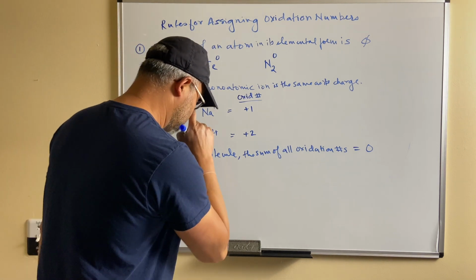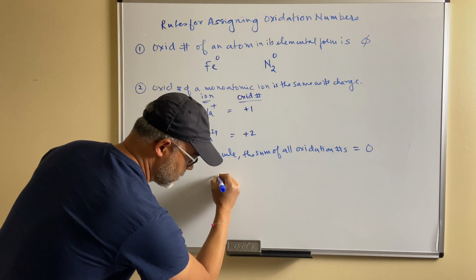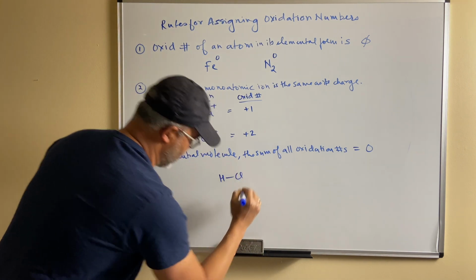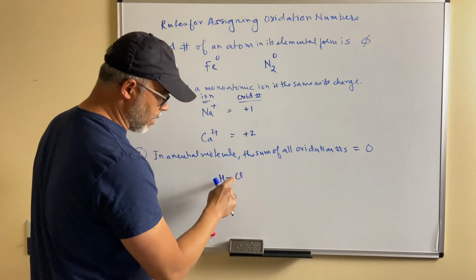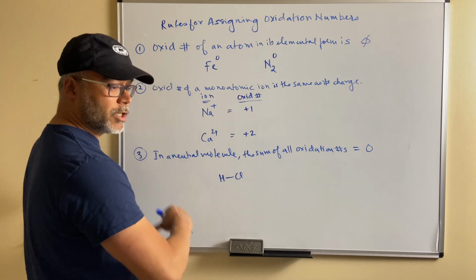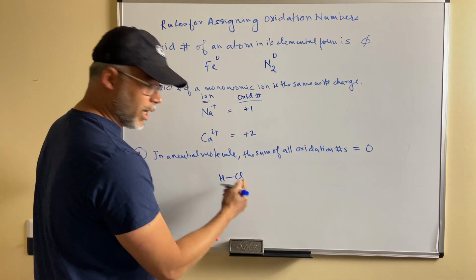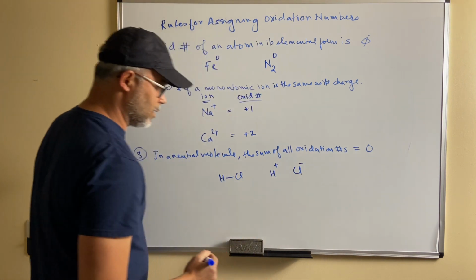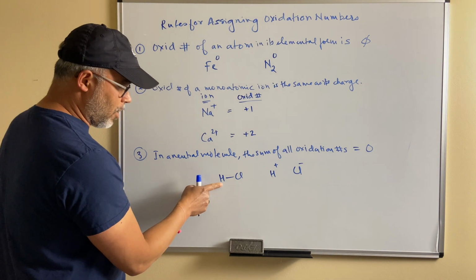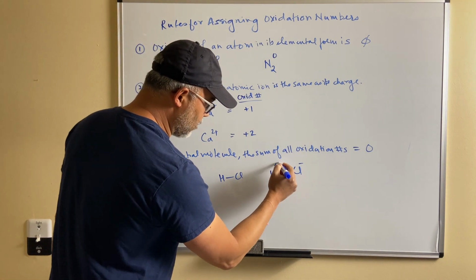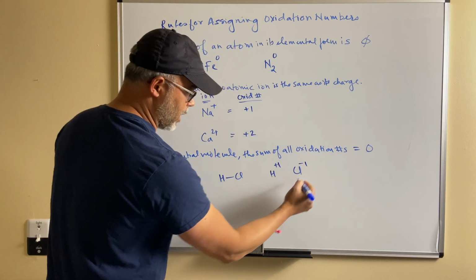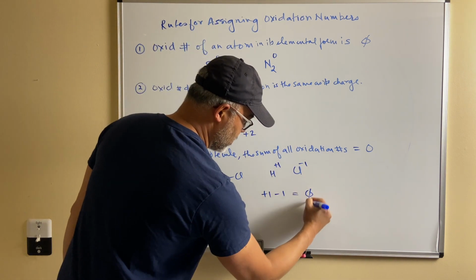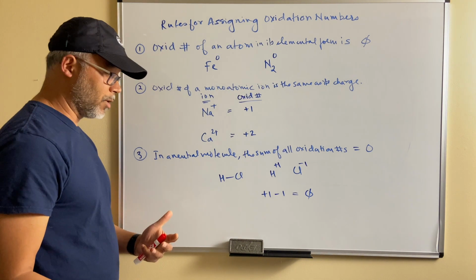Let's take for example HCl. In HCl, remember we said that you have to assume that the chlorine is pulling all the electrons to itself because it's the more electronegative atom. So that would be H+ and Cl-. The oxidation number of H is going to be +1, and the oxidation number of Cl is going to be -1. If you take +1 and -1 and add those together, you will get 0. So that is what happens in a neutral molecule.